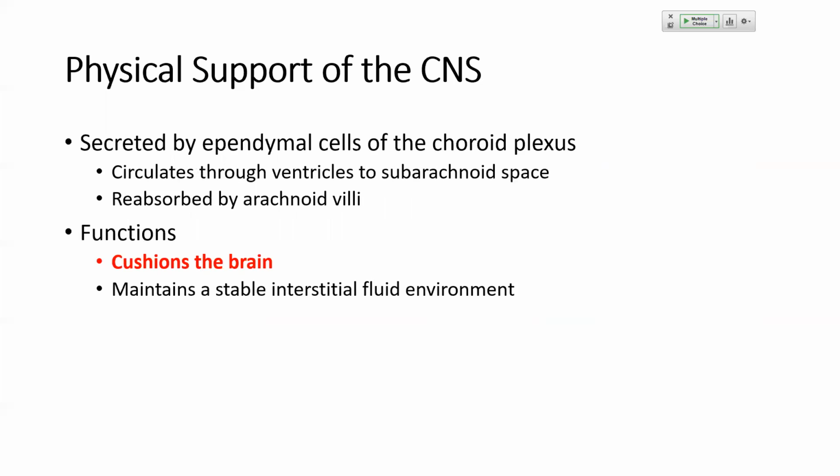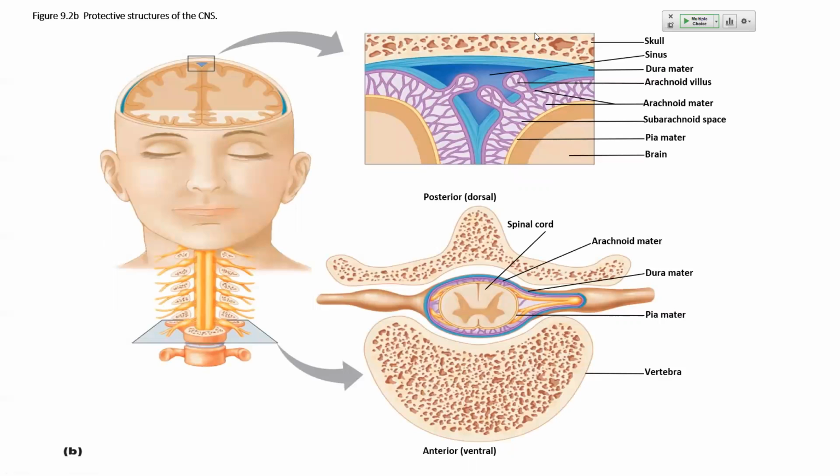So it's made by ependymal cells in the choroid plexus, and it circulates through the ventricles, and eventually it goes to the subarachnoid space, and it is reabsorbed by the arachnoid villi. So let's jump back to this image here. So here we can see the arachnoid villi, which are these projections up into these venous sinuses. This is where the venous blood of the brain gathers.